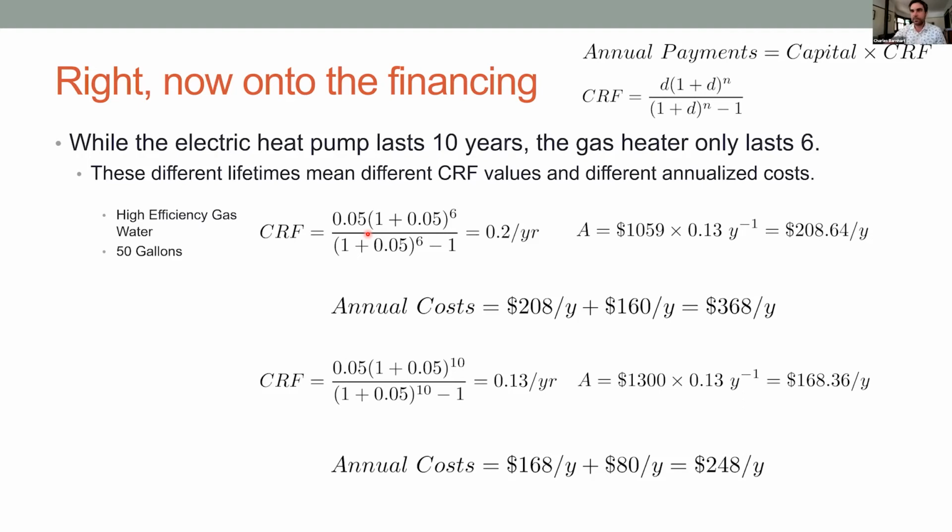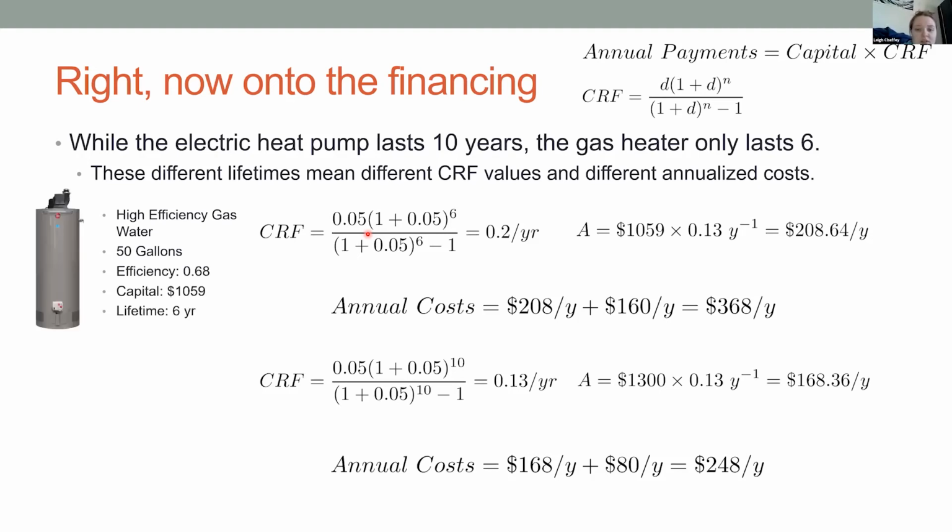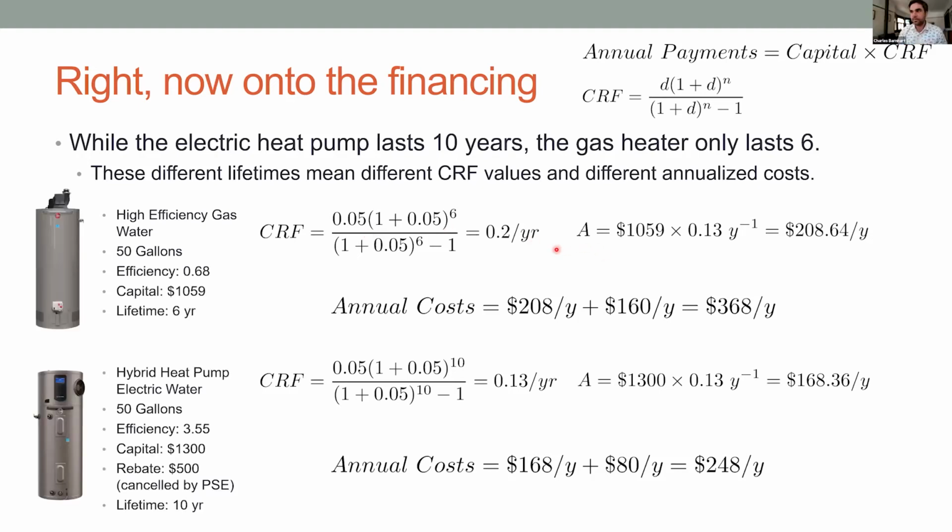Earlier, the CRF for the first one is 1059 times 0.2, correct? Yes. And that doesn't equal 208.64. It does not. What does it equal? 211.8. Okay, so close-ish.